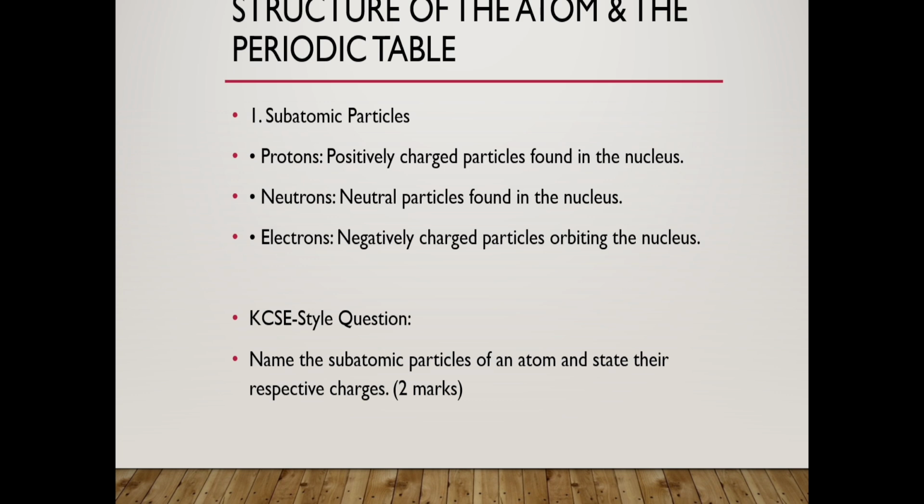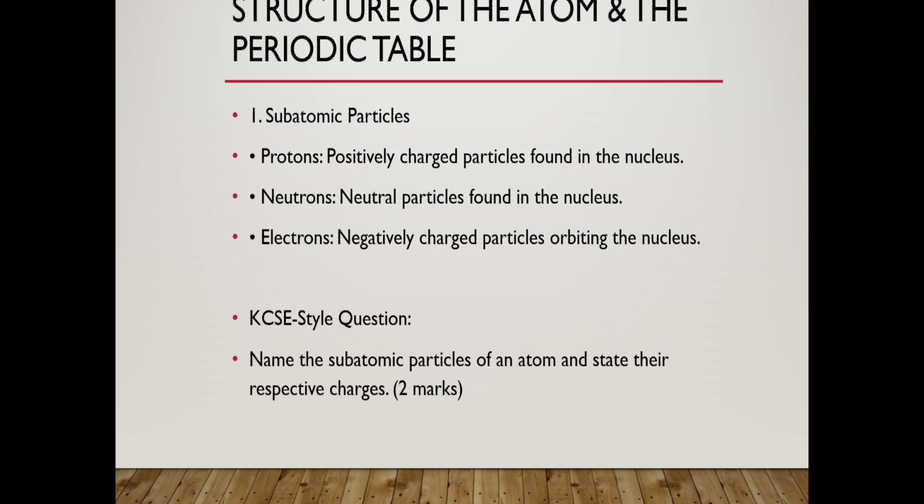The one that is found orbiting around the nucleus through the energy level is the electron. In that atom, we have the nucleus, and in the same atom, we also have electrons. But where are electrons found? Around that nucleus, there's an orbit, and that orbit we refer to as energy level. Inside that energy level, we have electrons, and electrons usually move.